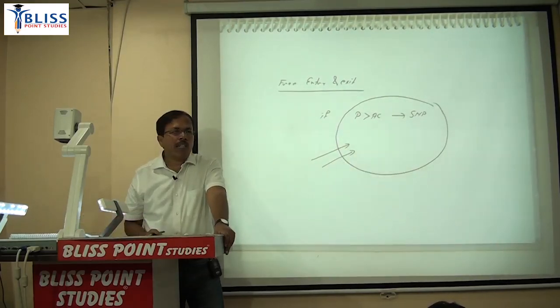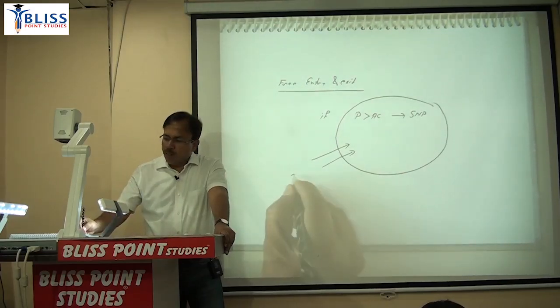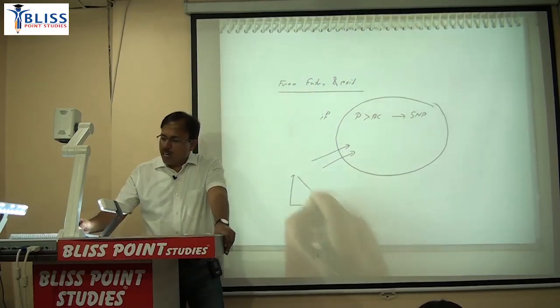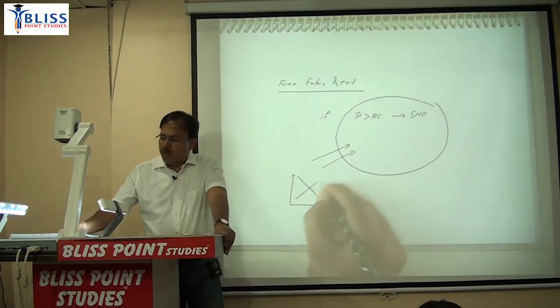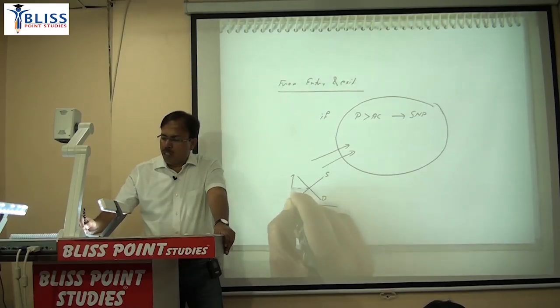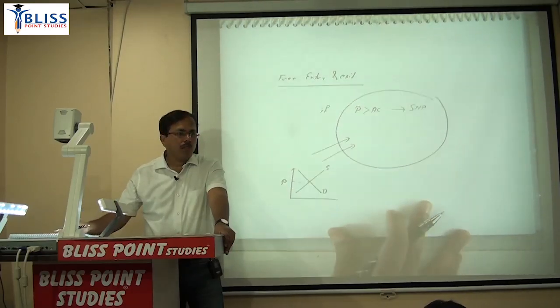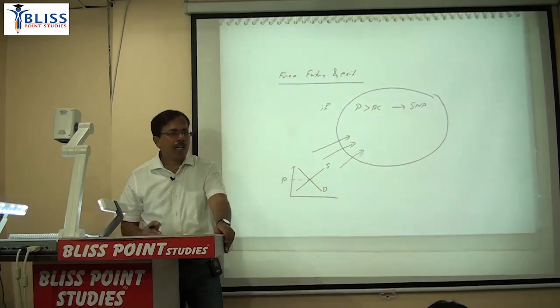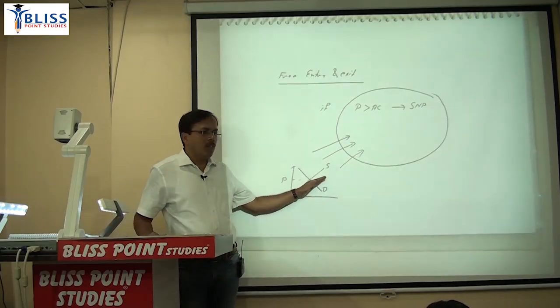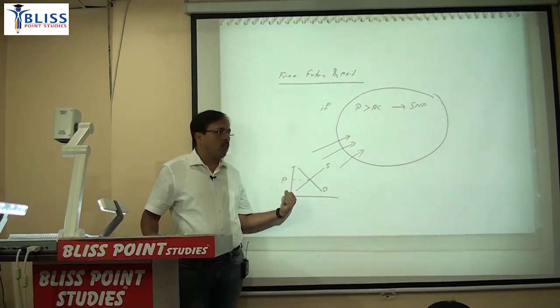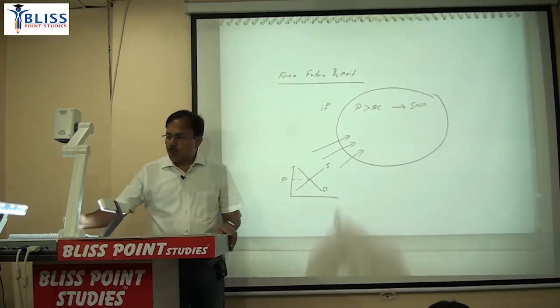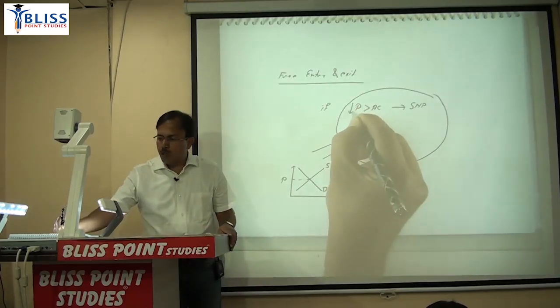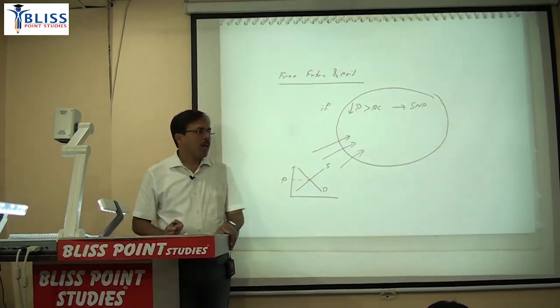But as new firms enter the market, what will happen? Remember, prices are determined by market demand and market supply; their intersection determines price. So when new firms enter the market, the supply curve will shift to the right and price will reduce. This price will continue to fall until it becomes equal to average cost.